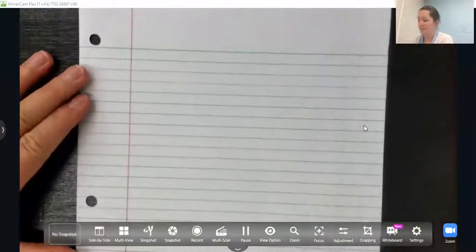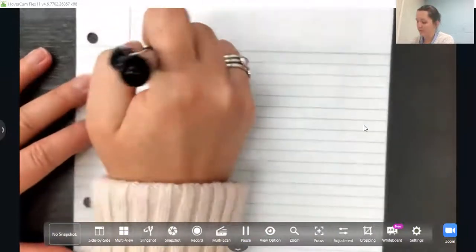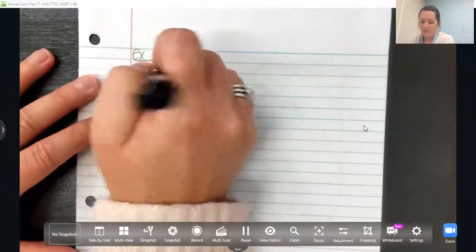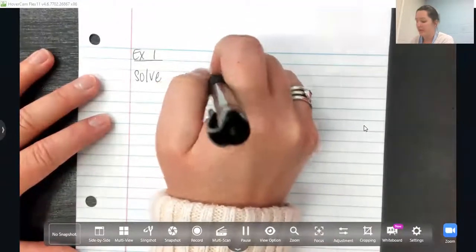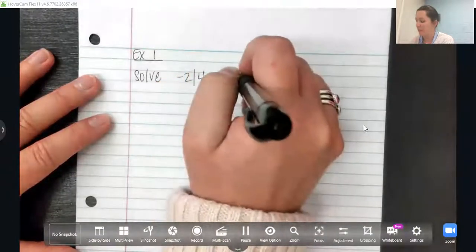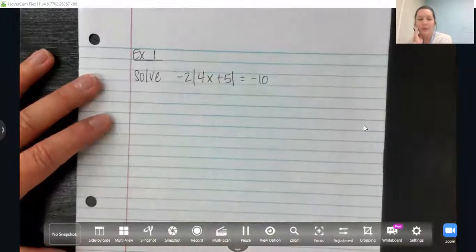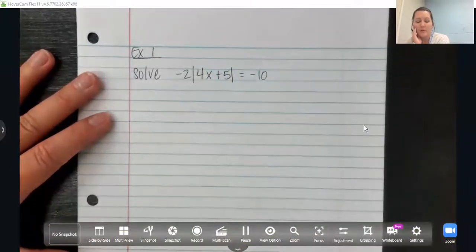Here's my first example. This is example number 1. It says solve -2 times the absolute value of 4x plus 5 equals -10. All right, so my first step was to isolate my absolute value bars.